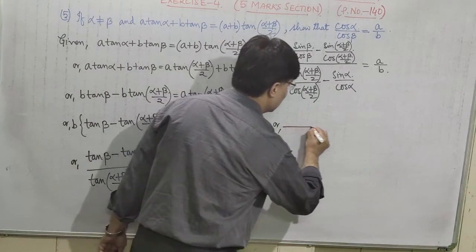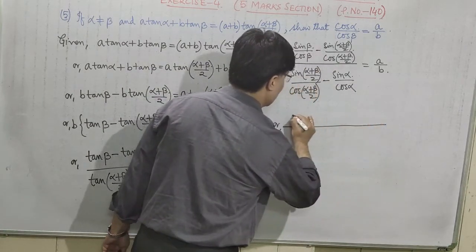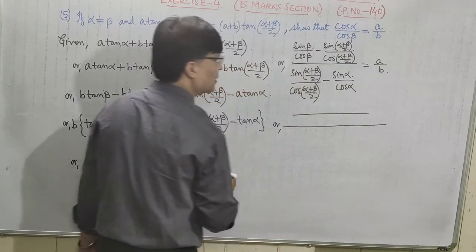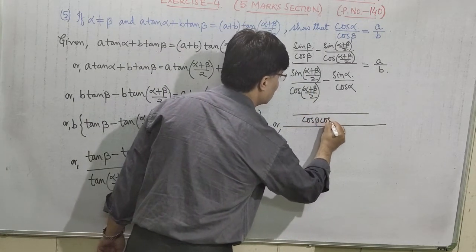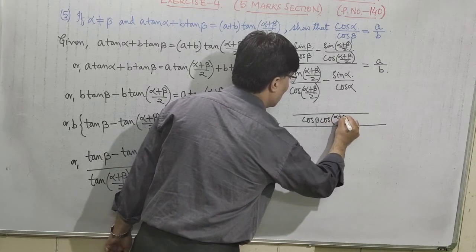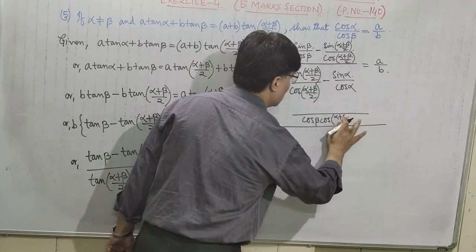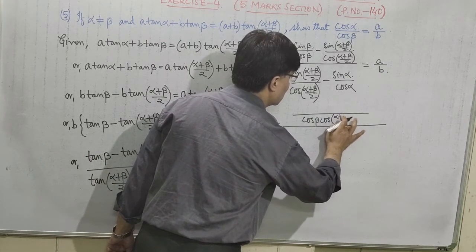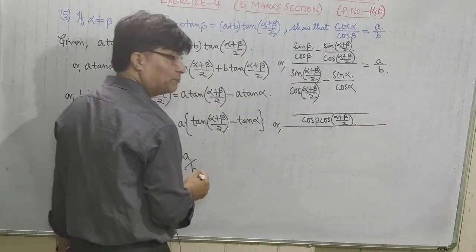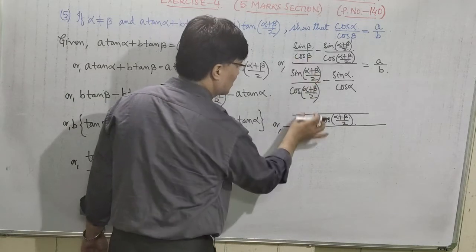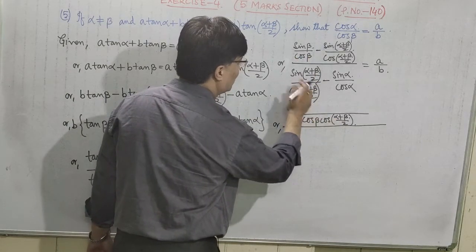Now what's the LCM in the numerator? In the numerator, cos beta into cos of (alpha plus beta)/2 is the LCM. So cos beta gets cancelled, and it is cos of (alpha plus beta)/2.